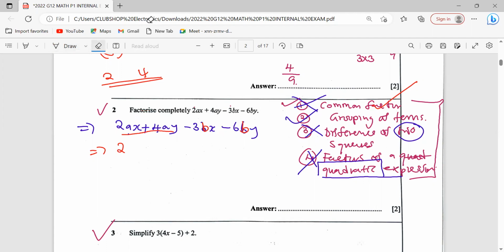Then there is a here and a there. So a is common. So you open the bracket. So what will happen is that you divide this by that. So we're going to say 2ax divided by 2a. So 2a and 2a will divide. A and a will divide to remain with x. So here there will be x.